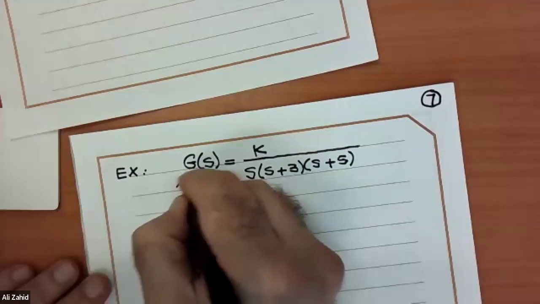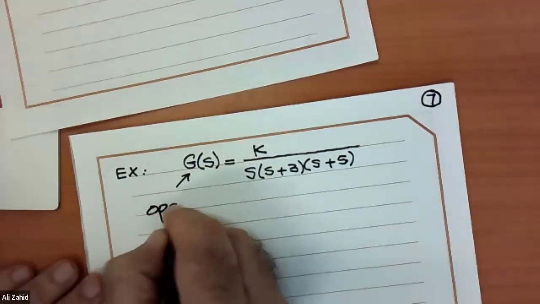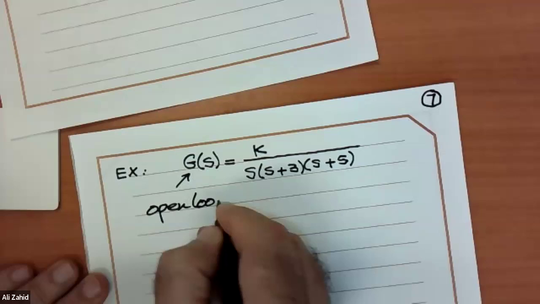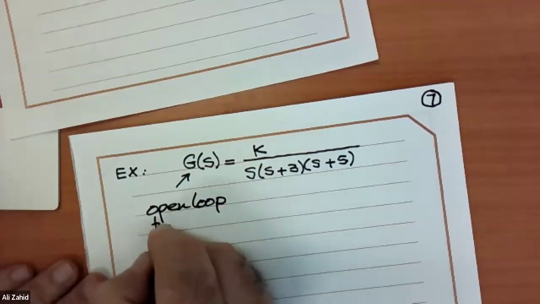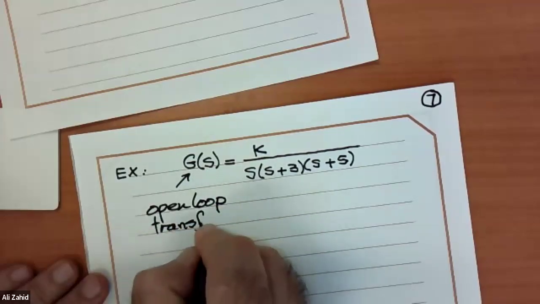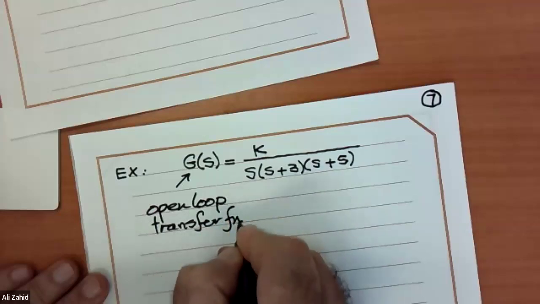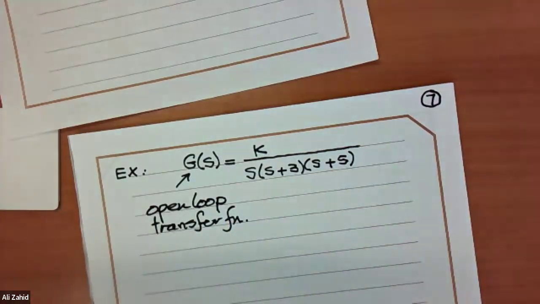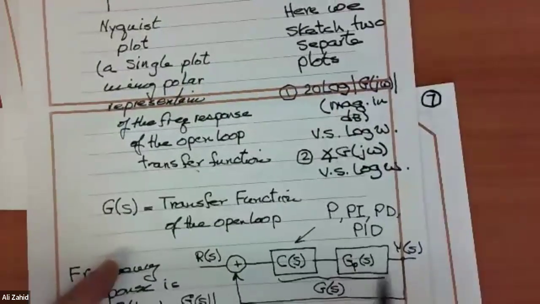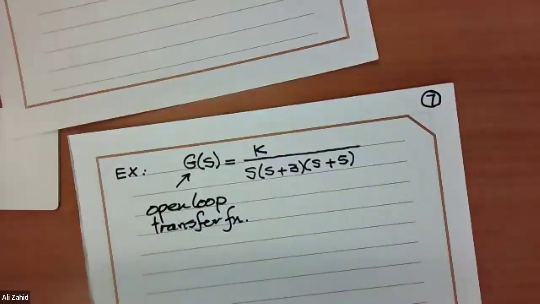That's the open loop transfer function, which includes the combination of C of S times GP of S. This whole thing I called G of S. Clear?